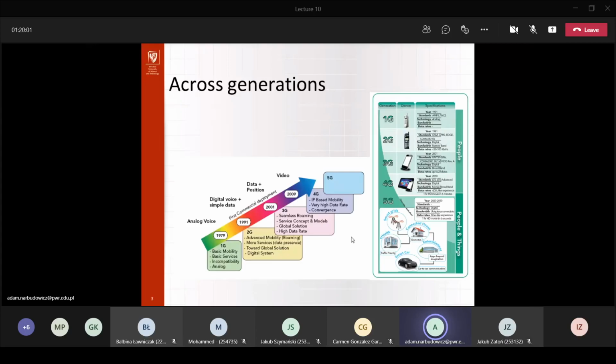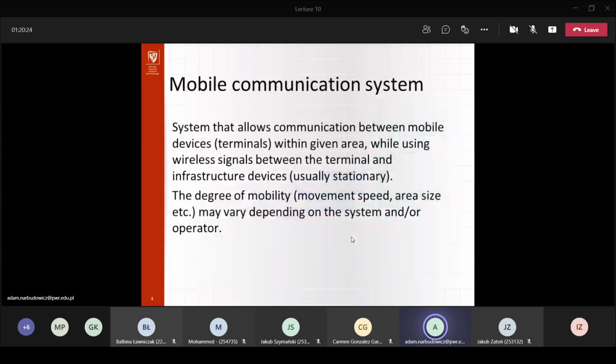And now slowly but surely we are moving towards 5G, the fifth generation. So this generation, it's a bit of branding in a way, but it's a standard which tells us what is expected from the system, or how much connectivity we can have. So there's just some formal definition.